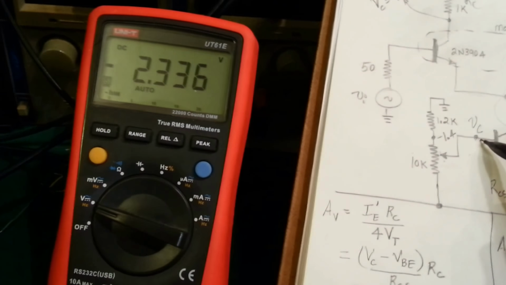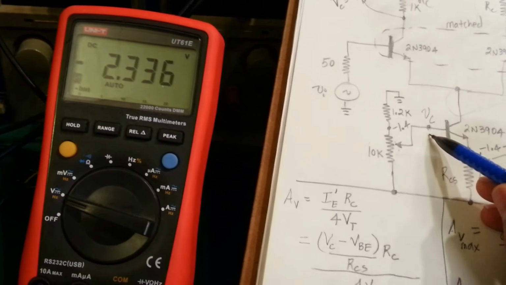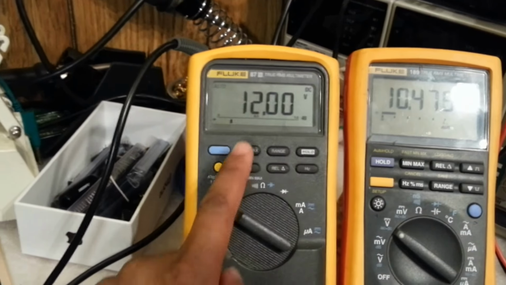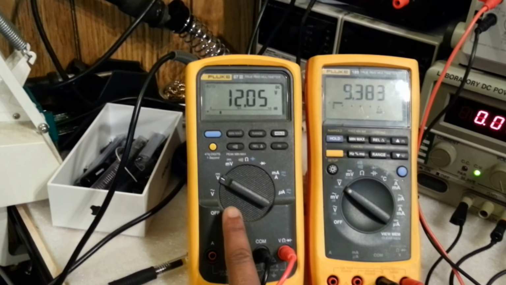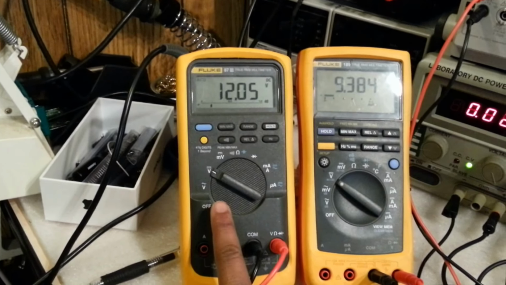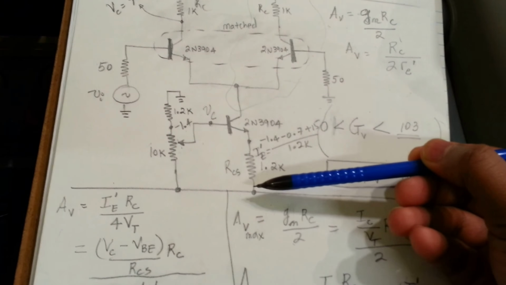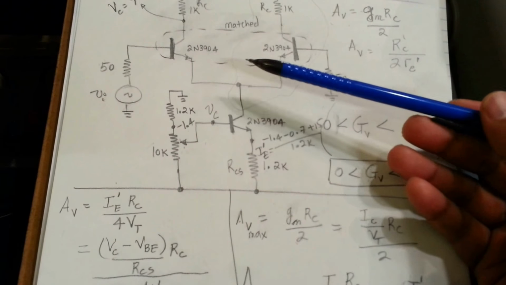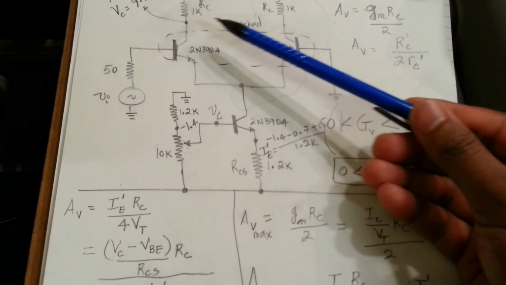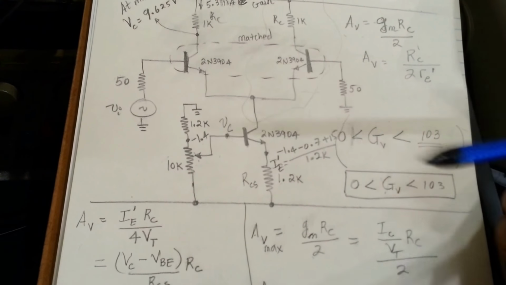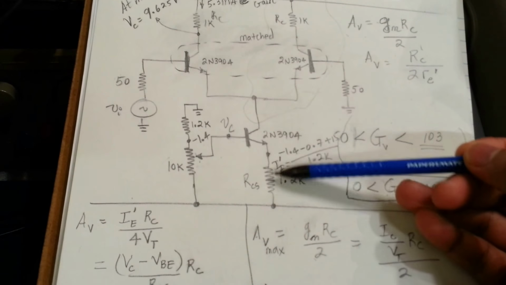At this moment, this voltage is minus 2.336. And this meter here is measuring the voltage across this 1.2k resistor, which sets our current for the differential amplifier. It's basically our biasing for this differential amplifier. So that meter is measuring this current.